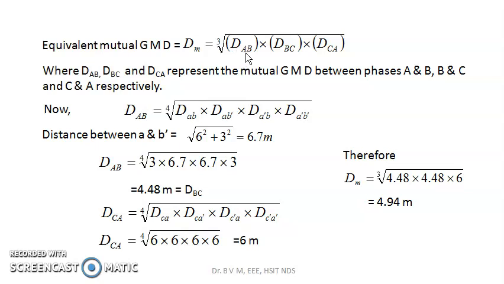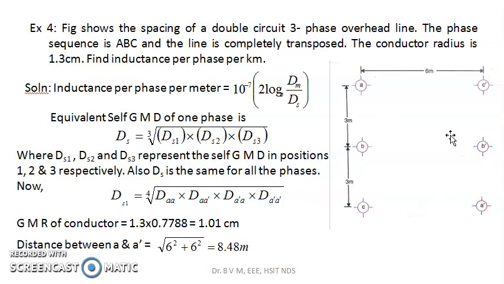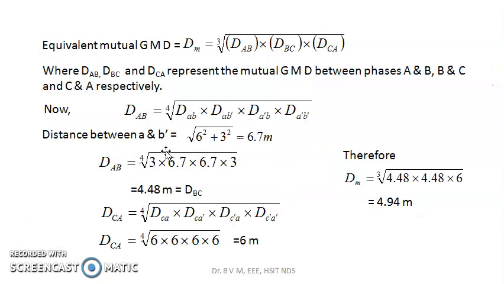The mutual GMD of AB is the distance between AB, then AB dash, then A dash B, then A dash B dash. That is dab, dab dash, da dash b and da dash b dash. This is the mutual GMD between A and B.